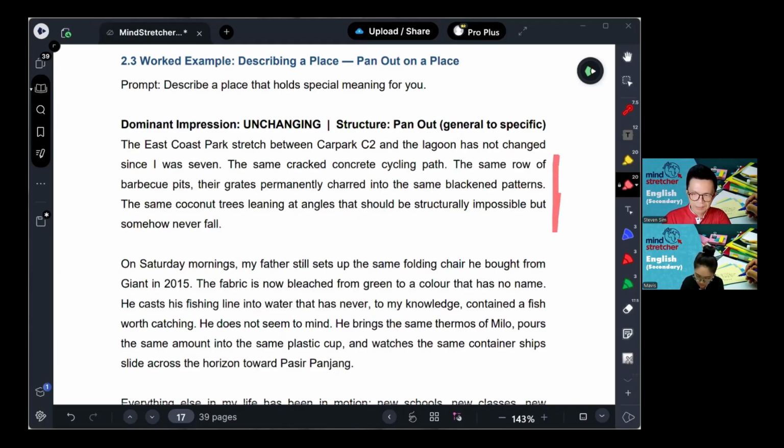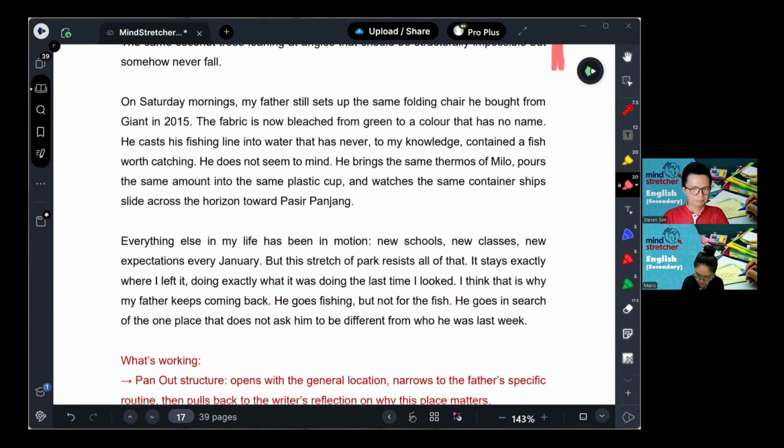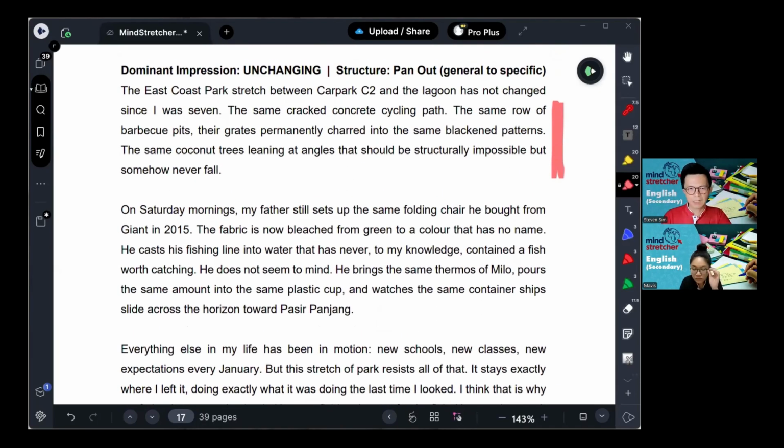So the details are here. You find that the way this is written is more poetic in nature, and so there's slightly more leeway when it comes to sentence structures, because these are poetic devices. It's as if it's an impressionistic brush stroke. I'm just doing a little bit. I'm not writing the entire thing.